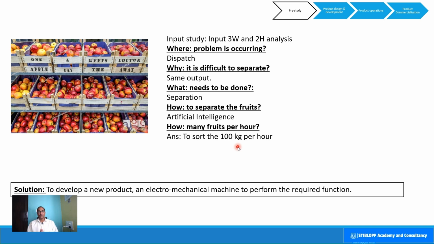I hope you got the point. So this is what the identification of the problem is all about, and coming up with a solution for that particular problem. This is how the new product initiation gets called.